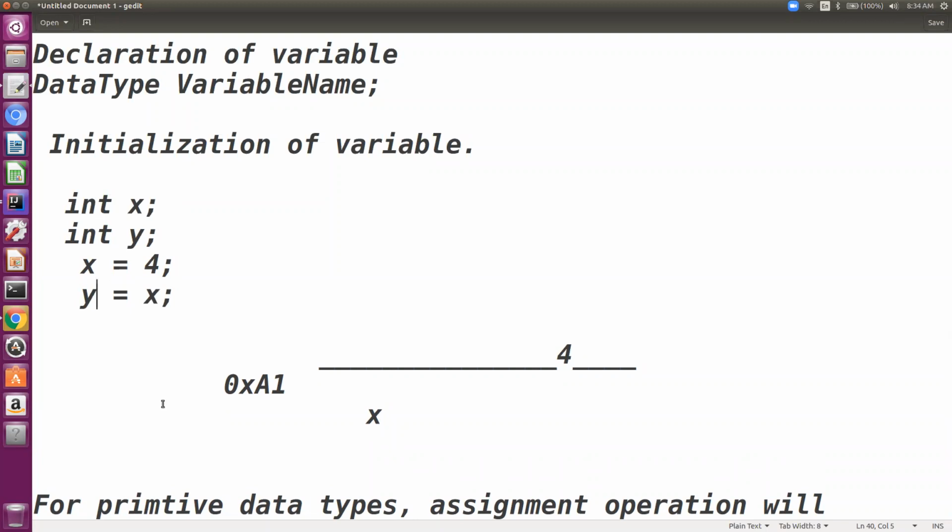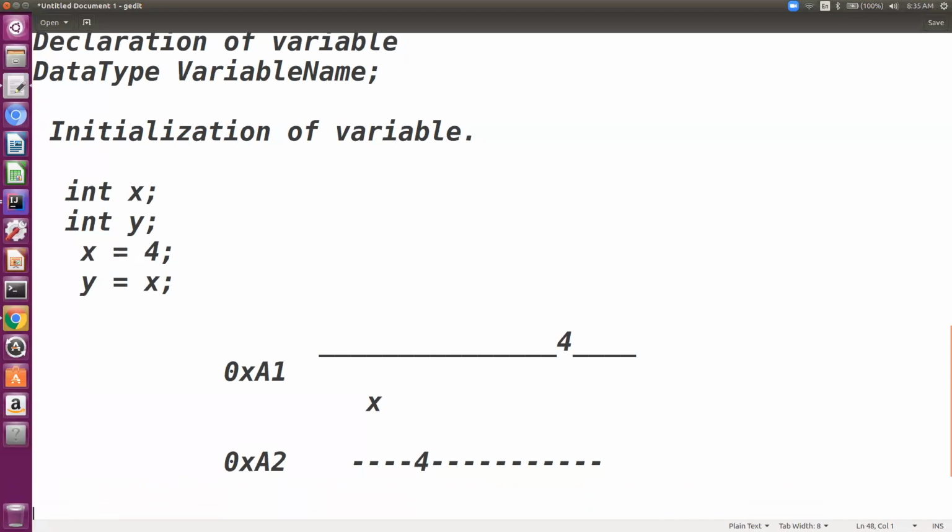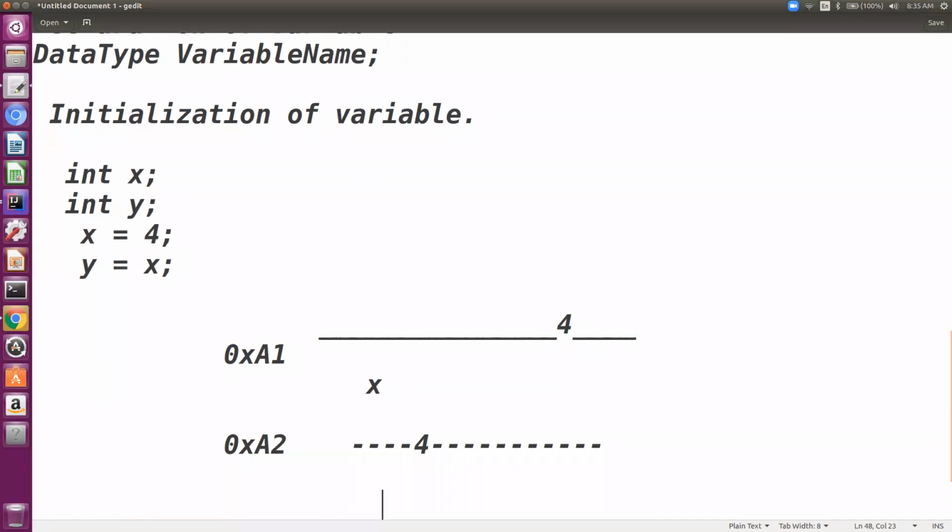4. So here, the 4 will get a different address, so there will be a copy of this data at a different location, and this location will be given to variable y. This is what I mean by copying by value. That is, x and y are not pointing to the same location. x has a different location, y has a different location.